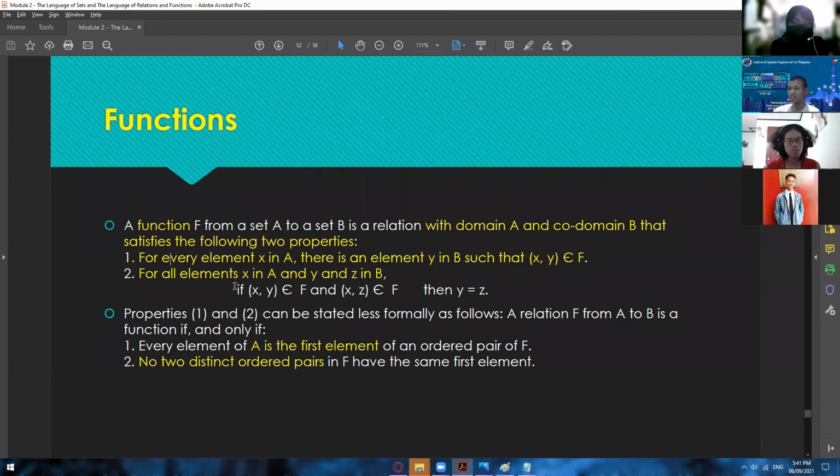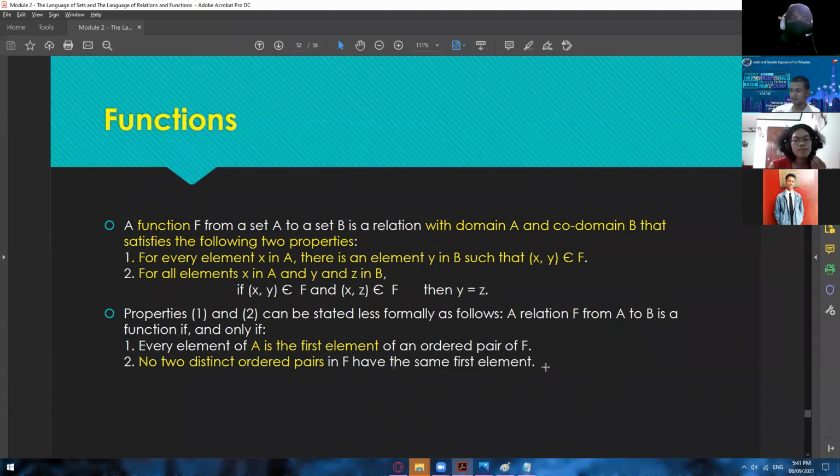The second one: for all elements x in A and y, z in B, if (x, y) is an element of the function and (x, z) is an element of the function, then y is equal to z. In layman's terms, or stated less formally, a relation f from A to B is a function if and only if A is the first element of that specific ordered pair, and no two distinct ordered pairs in f have the same first element.